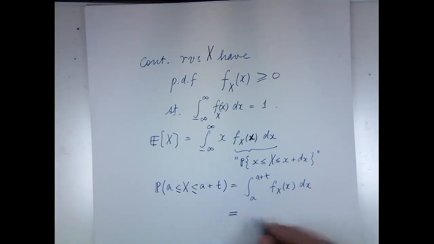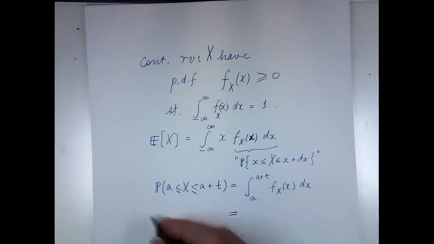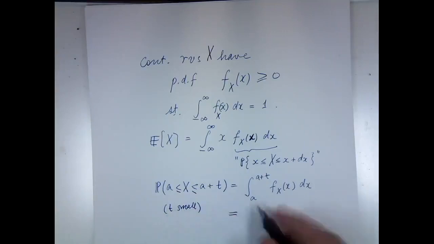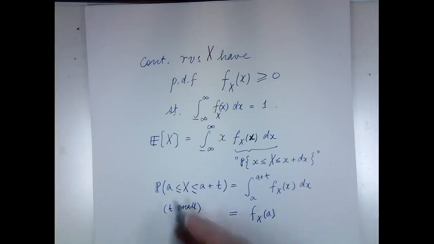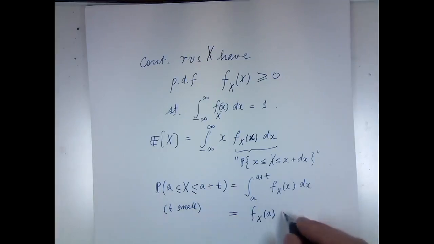I'll say it in a slightly more advanced mathematical way, but you don't need to know exactly what this means. If t is small, we can approximate this probability by the density at one point on the interval, let's say a, times the length of the interval, which is t, as we imagine t shrinking to 0. It's not exactly that, because that would only be true if t was infinitely small.